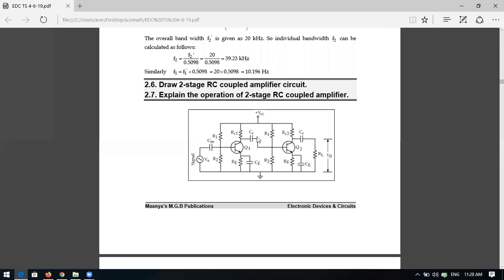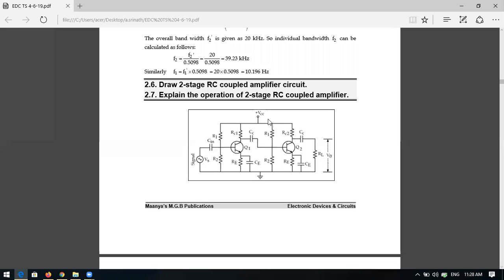Generally, even if you are given the AC signal, some DC is produced in the circuit due to this VCC. You are connected to this network, which is a power supply, which is a DC signal.